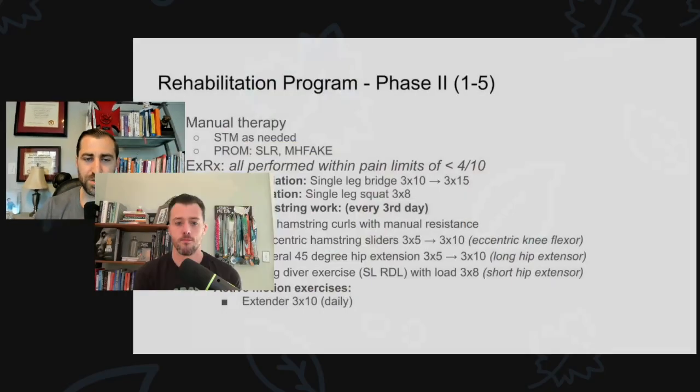I want to try to maintain their program as much as we can and not aggravate them. And we have this information from Hickey now that it's probably okay to work into some pain. So if I can keep them doing things to keep them fit, that's my bias. I'm always going to try to do that, because I think sometimes when we think about this phase approach, which is really important, and I'm not trying to knock the phase approach, we forget that things that lie maybe outside of that phase approach are probably still appropriate, right? We don't have to get rid of everything. They can still train the way that they're supposed to.